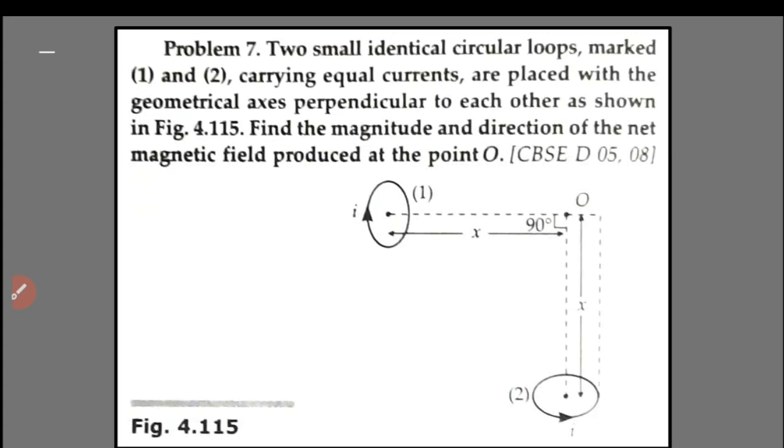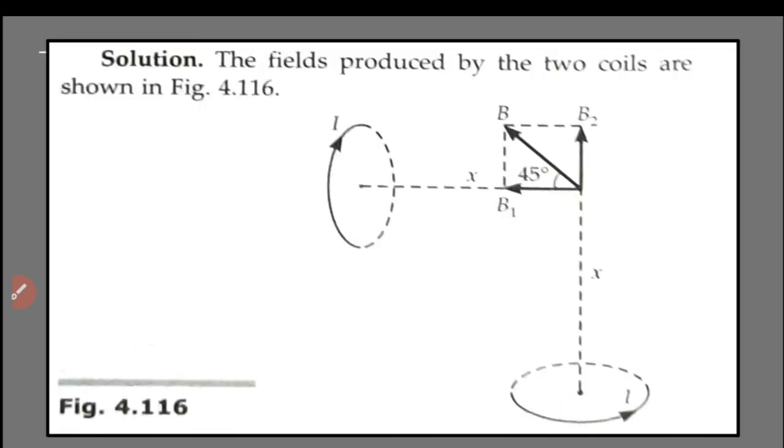Two small identical circular loops marked 1 and 2 carrying equal currents are placed with geometrical axes perpendicular to each other as shown. Find the magnitude and direction of the net magnetic field at the point O. Here the two loops are kept as shown. Due to loop 1, using the right hand thumb rule, the magnetic field at the point O will be towards the negative x-axis, and that due to 2 will be upward, in the positive y direction, as shown.